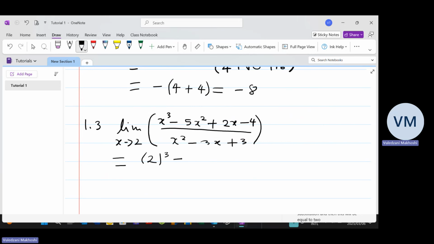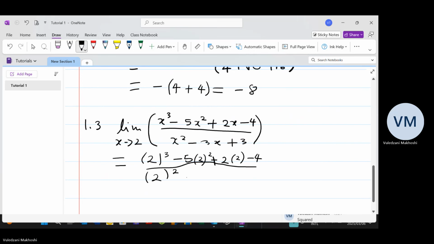2 cubed minus 5 times 2 squared plus 2 minus 4. This is being divided by 2 squared minus 3 times 2 plus 3.